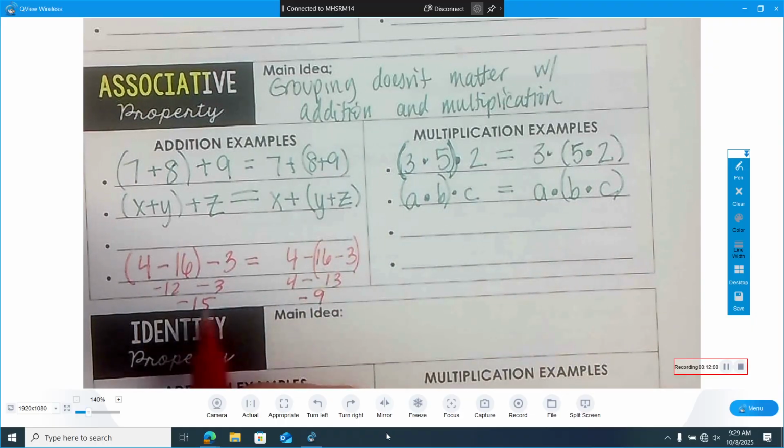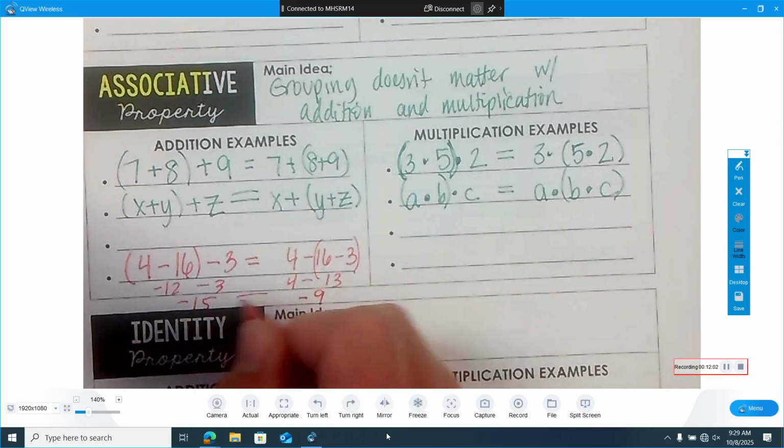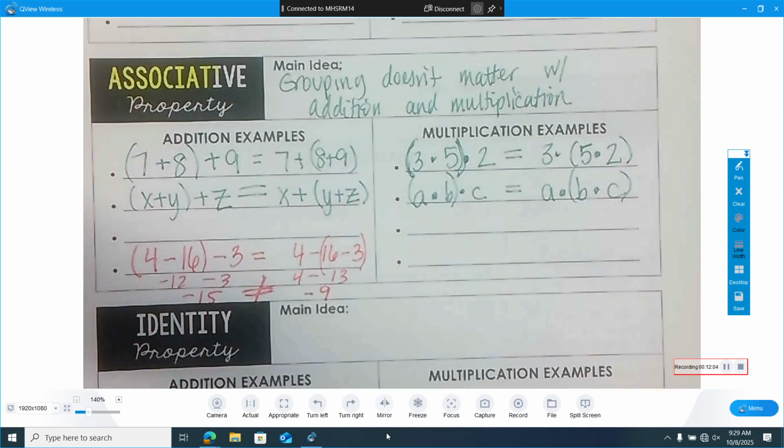Negative 9. Are these the same? No, they don't equal each other. So it doesn't work with subtraction. The same is true. It's not going to work with division. Addition and multiplication are very, very special. Subtraction messes everything up. So you have to be pretty careful.